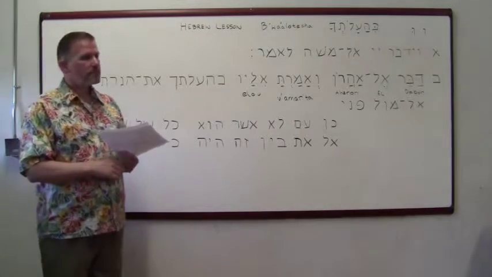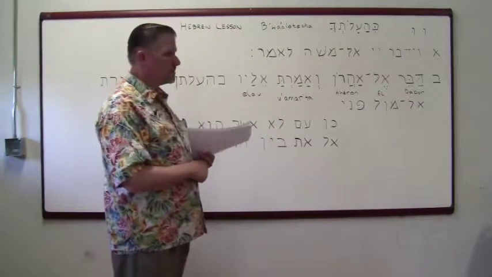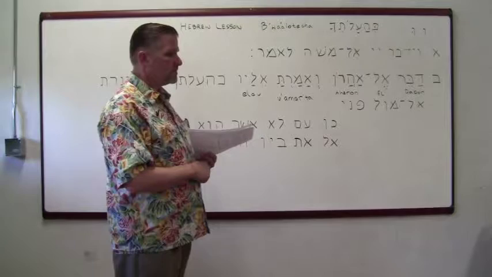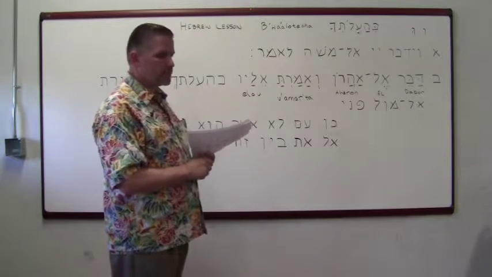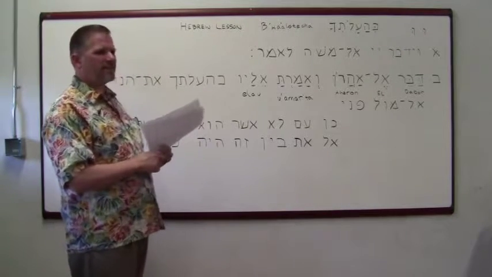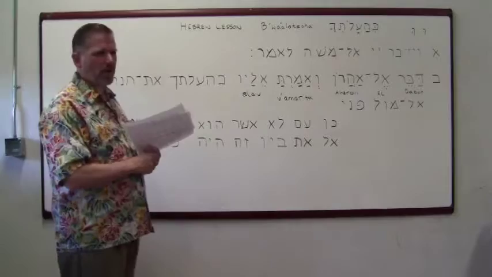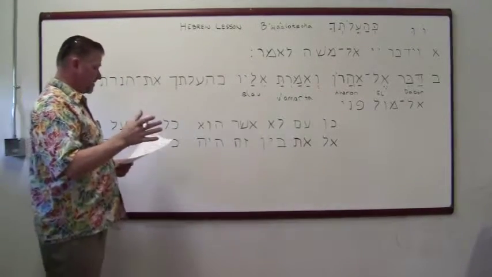I have a question. Sometimes when I see the ah sound next to the yud, I think of it as an I. Yeah, it's kind of a diphthong. Did that answer your question at all?